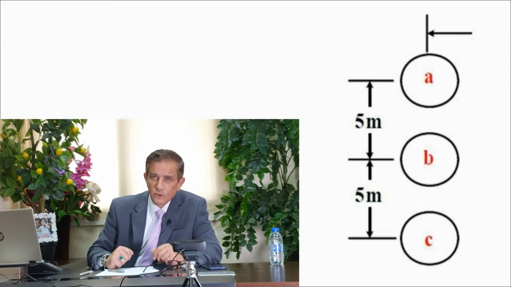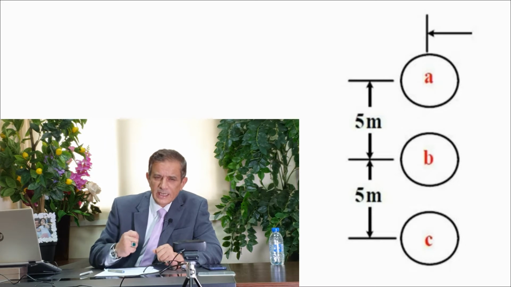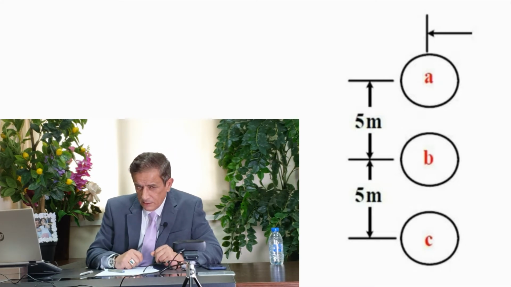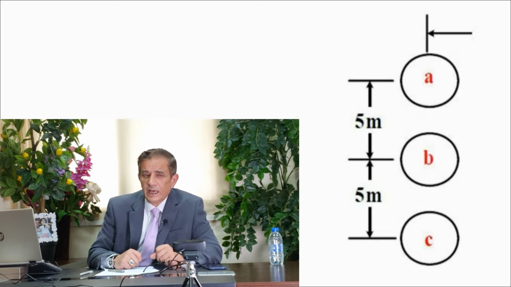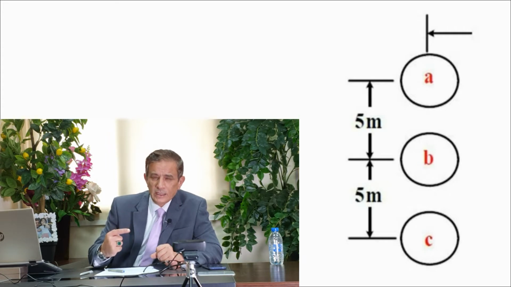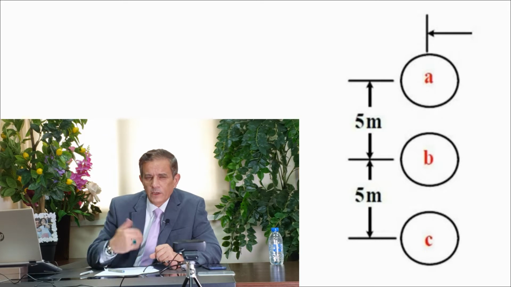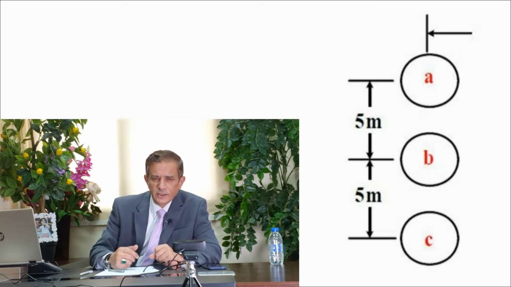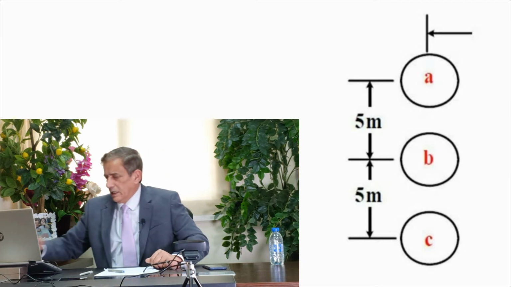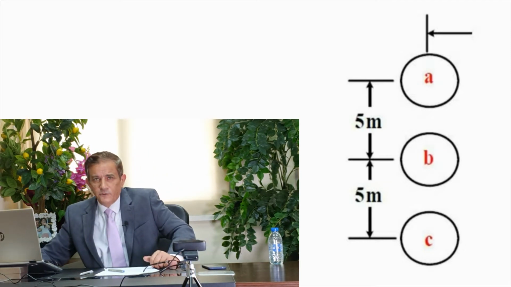Why? Because I take each conductor, it has its self-radius, which is R dash, and the spacings between this conductor and the 2 other conductors. Here I have 3 terms. I come to the B conductor, the same thing, it has 3. The third one has 3. So I have 9.